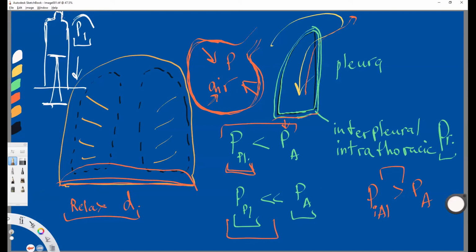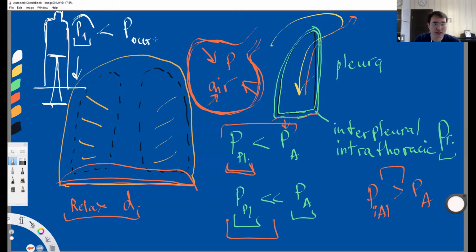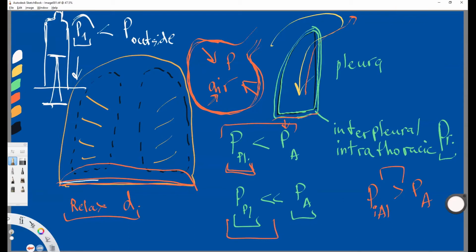And because it drops down, we have a difference between the outside and the initial pressure. So the outside is bigger than the initial one. And in this case, it will suck either air or the substances that we want to suck, right? And the same happens here, but only with air.